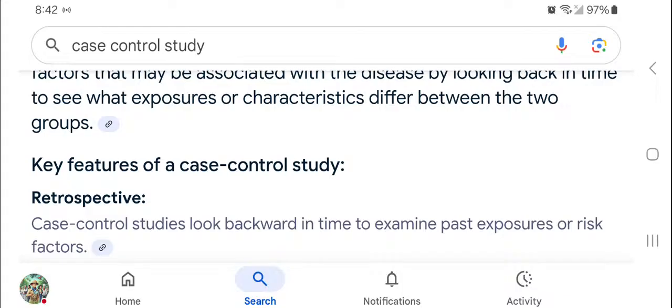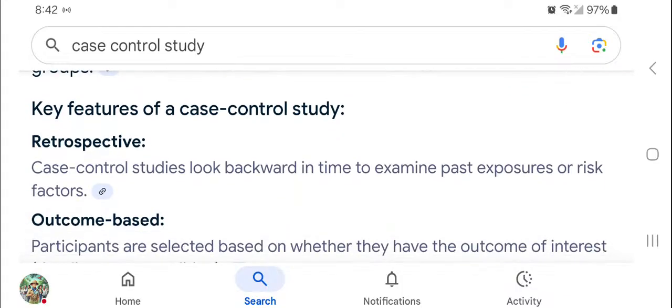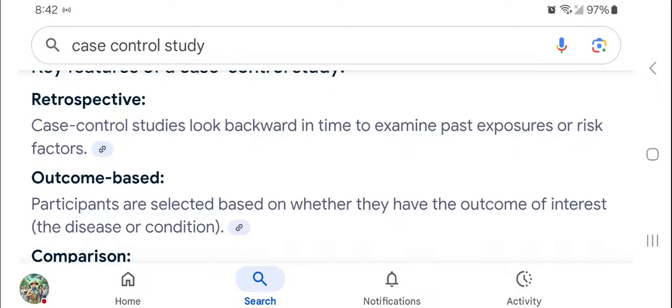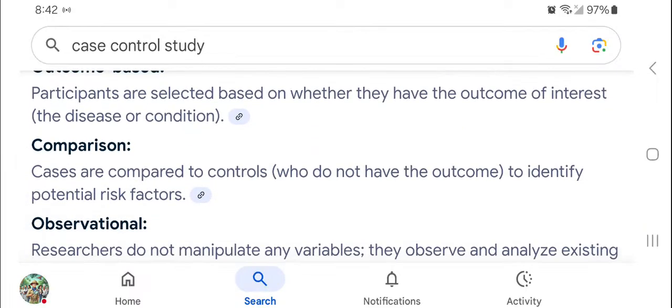So key features of case control study: retrospective. Case control studies look backward in time to examine past exposures or risk factors. Outcome-based: participants are selected based on whether they have the outcome of interest, disease or condition.